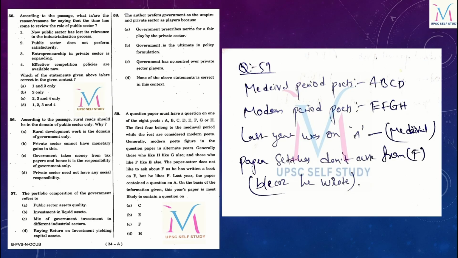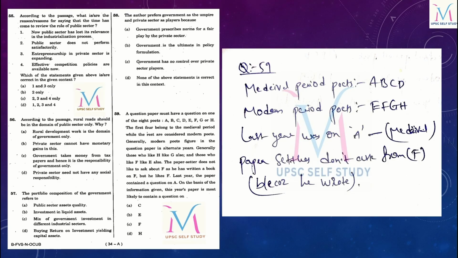So now coming to question number 59. A question paper must have a question on one of the 8 poets.